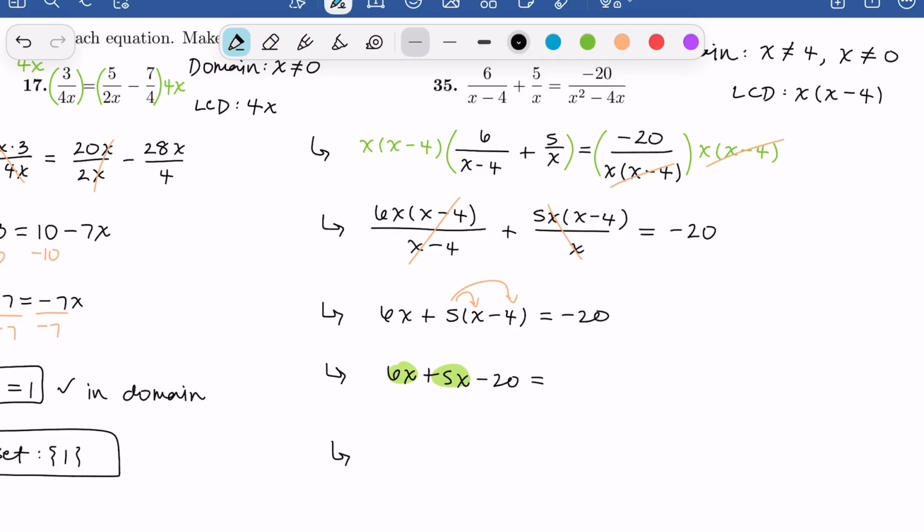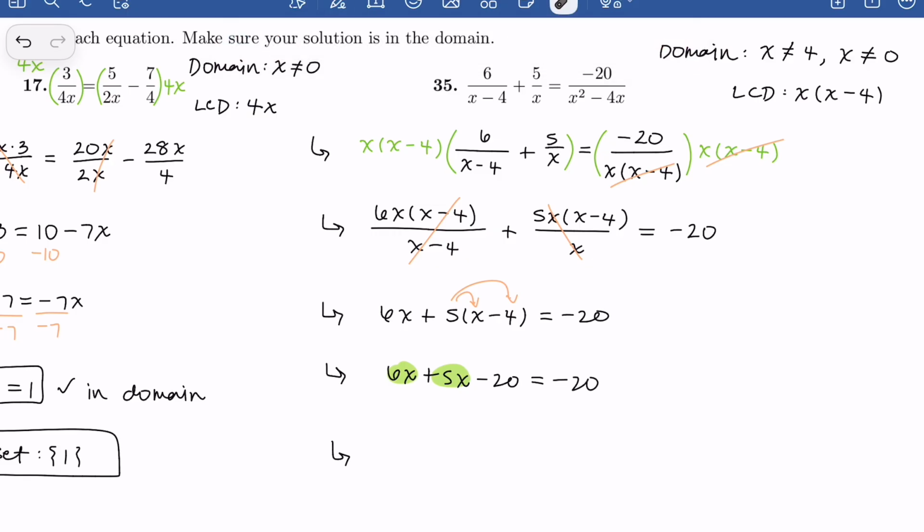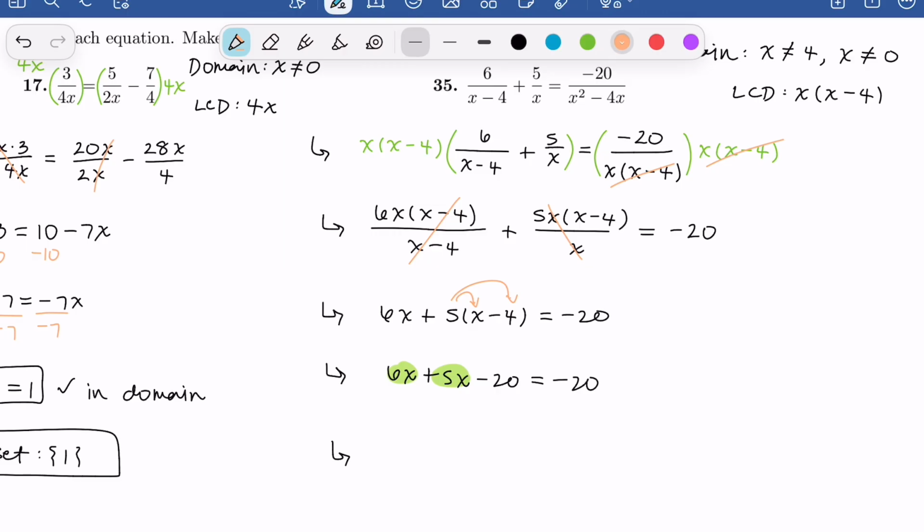So I'm actually going to get a negative 20 here. Okay, so in the same step, again, I'm going to combine these like terms, but I'm going to move this 20 over here by adding 20 on both sides. When I add 20 on both sides, these are going to cancel, but so are these guys. So I'm going to end up with 11x is actually equal to 0.